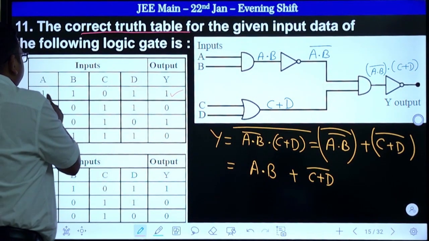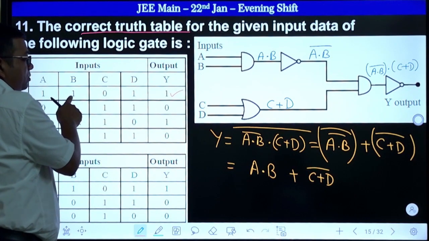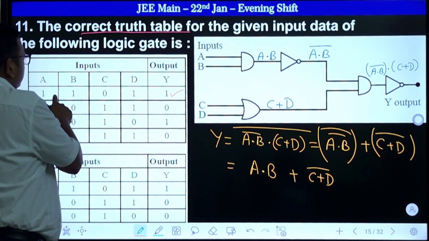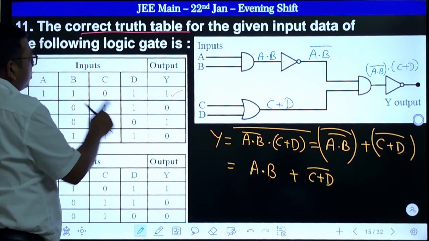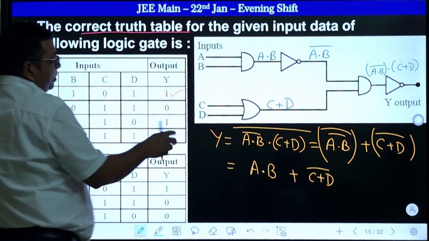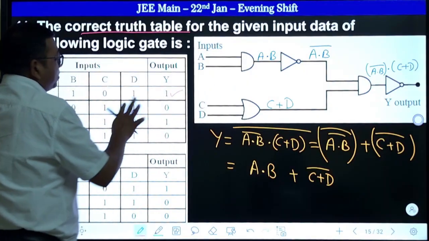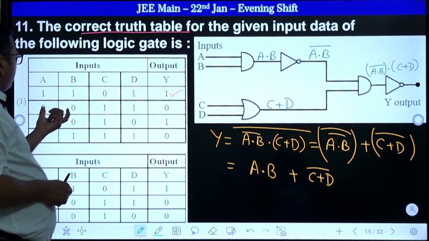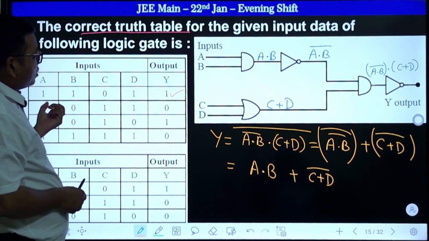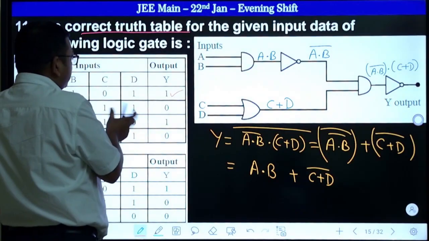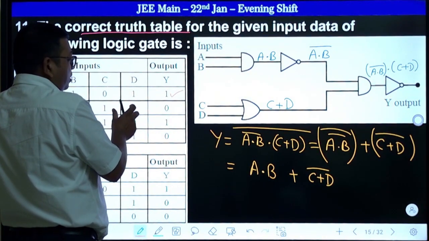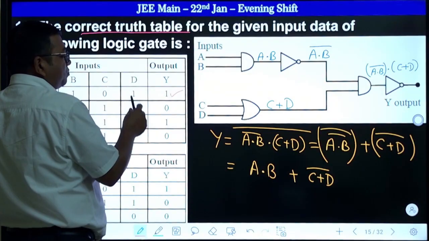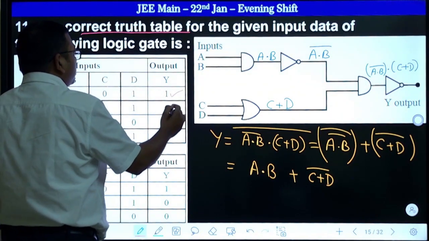Let me just check this one. First one, 1 plus 1 is 1. Plus means our operation, that is OR. So here 0 dot 0 is 0. What is C plus D? This is 1 plus 1, and its bar means it gives 0.